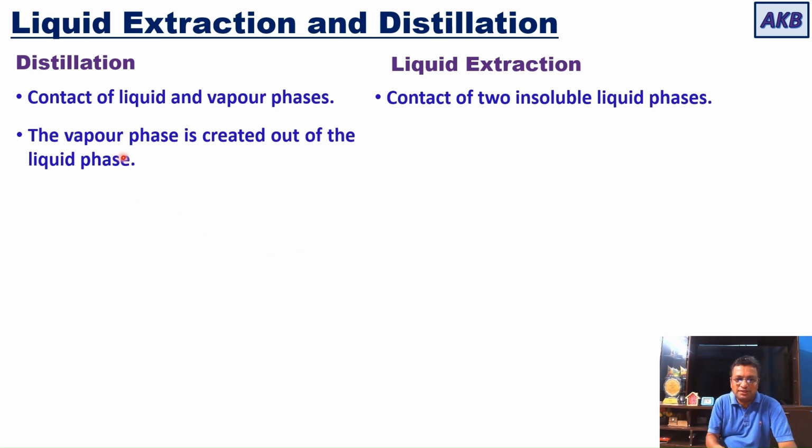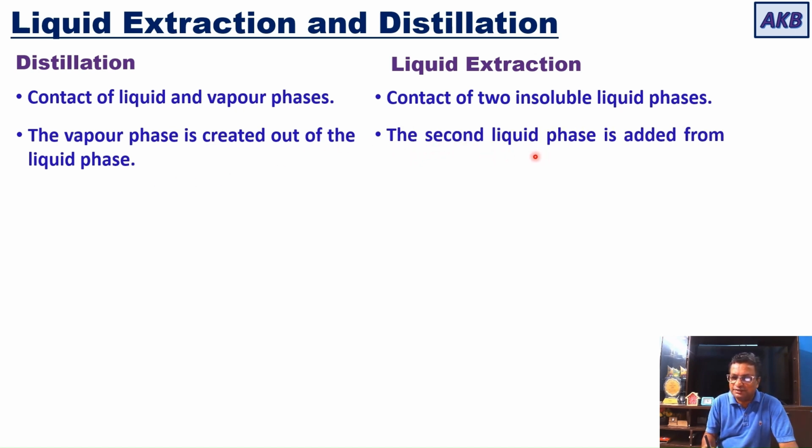That's why we are saying that in the case of distillation, the vapor phase is created out of the liquid phase. Whereas in the case of liquid extraction, the second liquid phase, which is the solvent, is added from outside, as the extracting solvent.